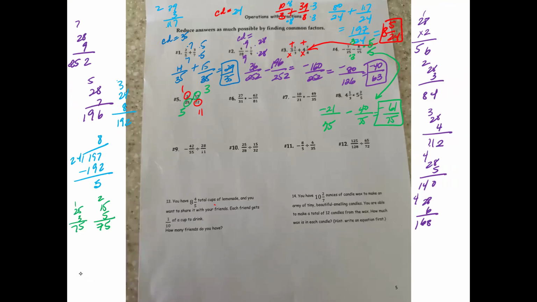To what? No. 15 divided by 5 is 3. What's 25 divided by 5? 5. Yeah, so it's 3 and 5. And then you just multiply across.